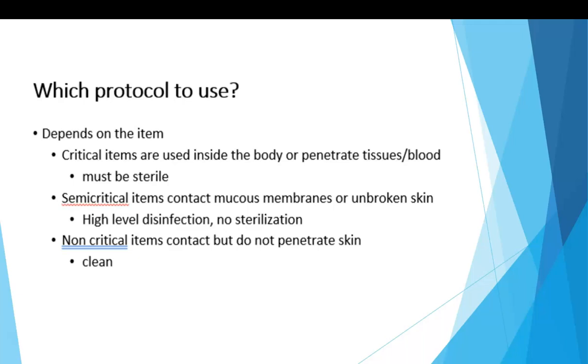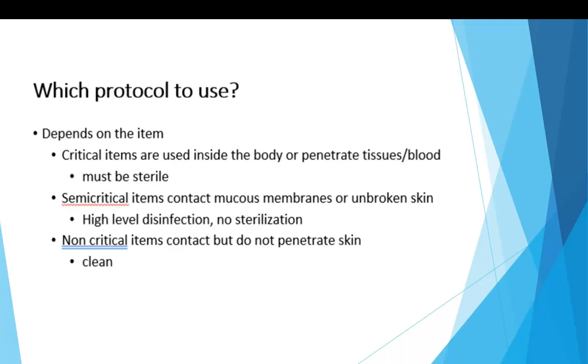Sometimes you need to have a sterilized condition, sometimes semi-critical. For example, disinfecting is enough and you don't need sterilization, and sometimes you just need to make sure it's clean. Depending on the item, we have three different categories. The first one is the critical item.